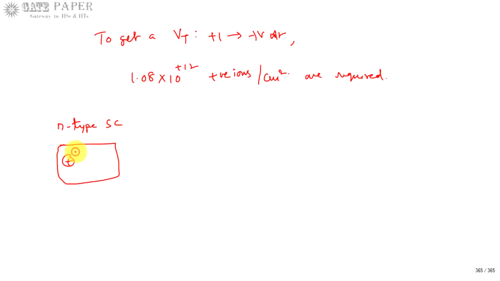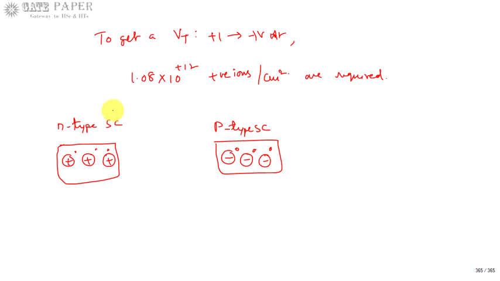N type is a positive ion with an extra electron, whereas P type semiconductor consists of a negative ion with a hole. N-type semiconductor, by losing an electron, becomes a positive ion, whereas P-type semiconductor, by gaining an electron, becomes a negative ion.